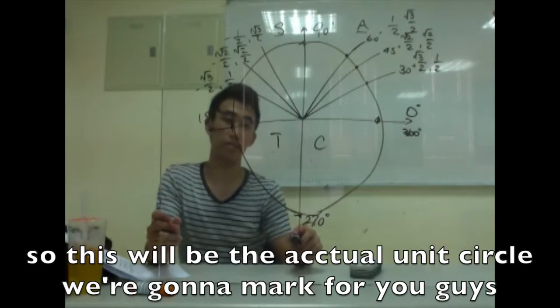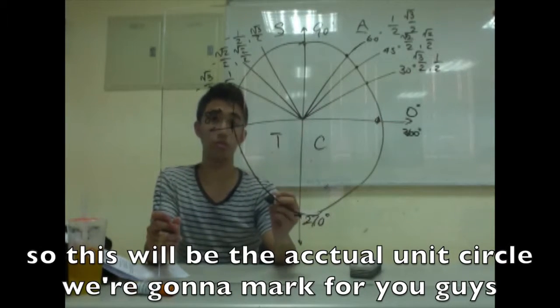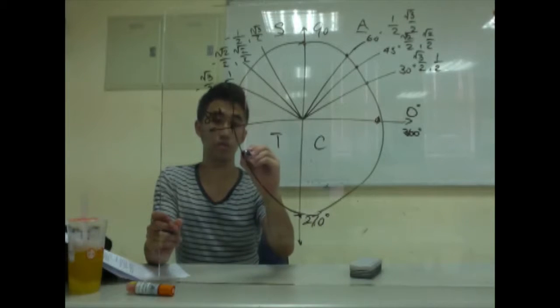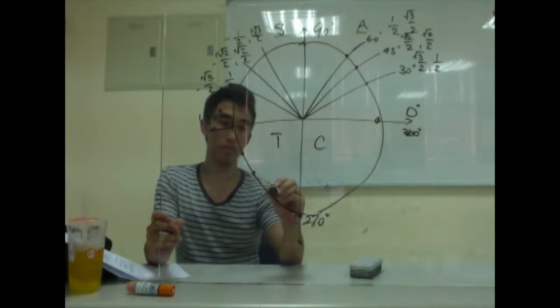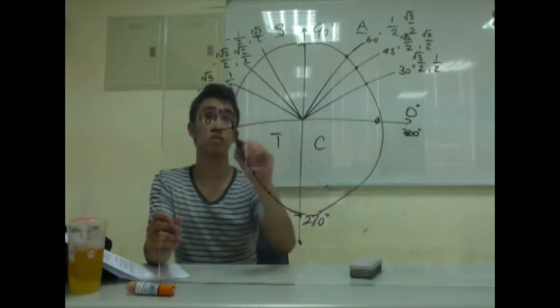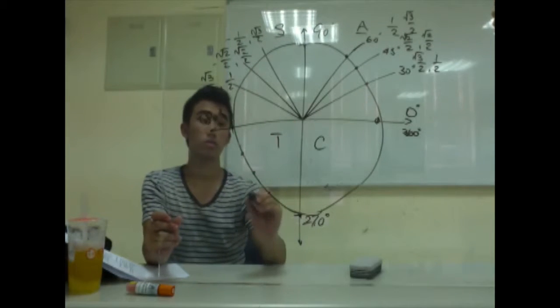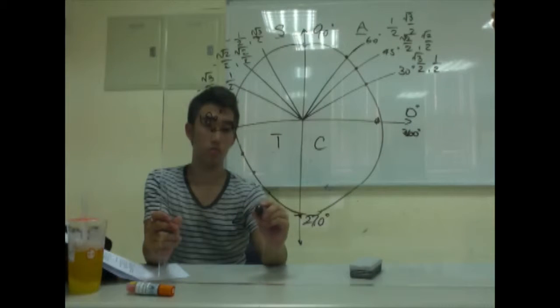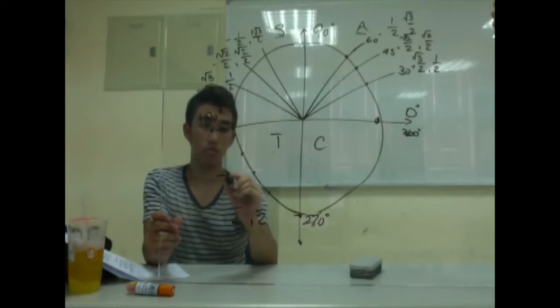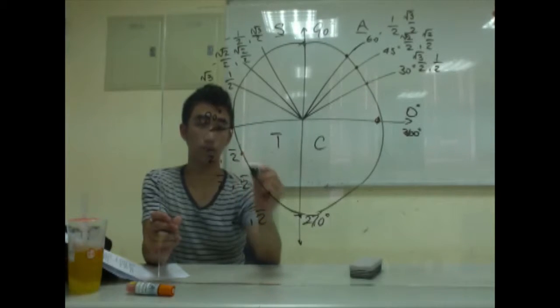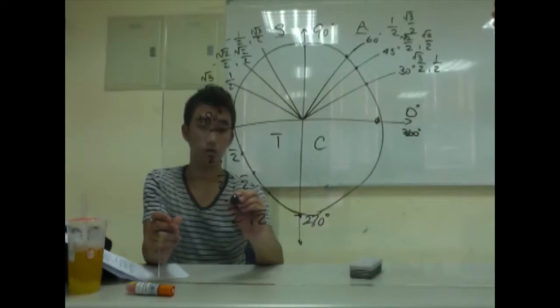This would be the actual unit circle we're going to mark for you. Here, the 300 degrees. For the points, you just flip from this side downwards. So you have over 2, over 2, over 2.